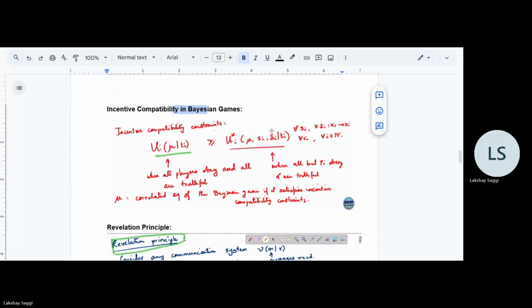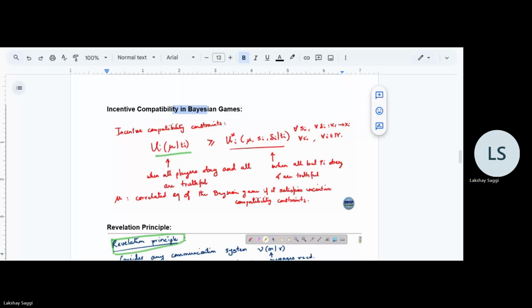Okay, so this is the high level idea. You can look at this expression and make mathematical sense out of it, but this is the high level thing going on. And this is what is called the correlated equilibrium of the Bayesian game: if this is satisfied for all players, then it is called a correlated equilibrium of a Bayesian game.